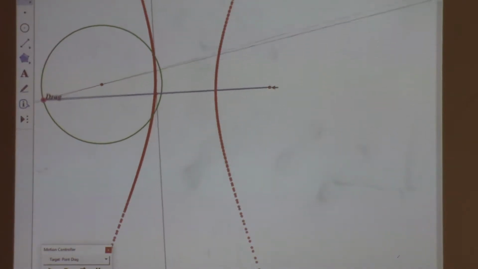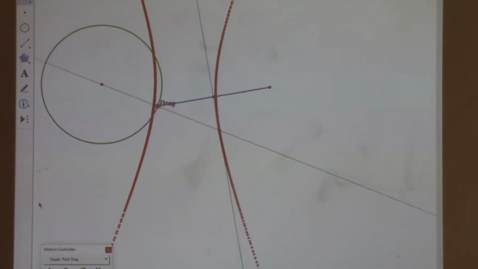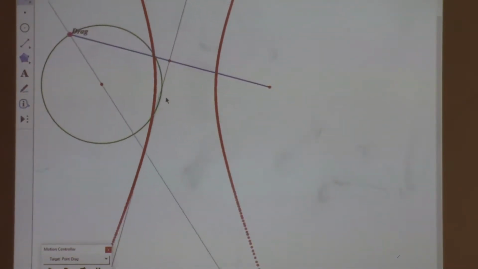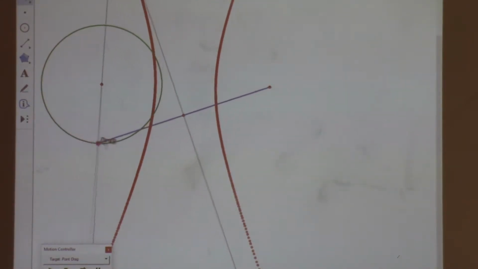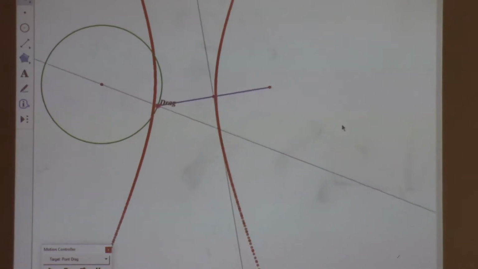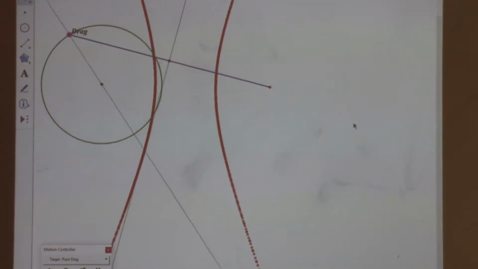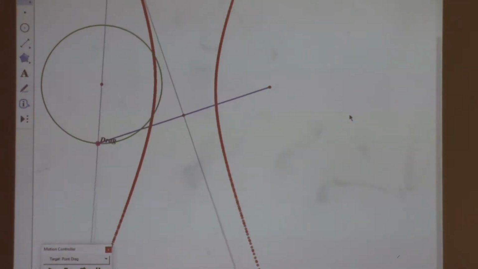They're given a point out here, this one, and given a circle of a certain radius. Connecting the segment from that point to the point going around the circle, and it's the intersection of the perpendicular bisector of that segment and something else.